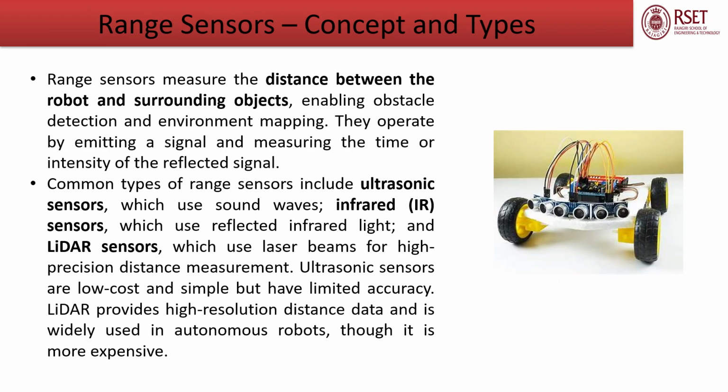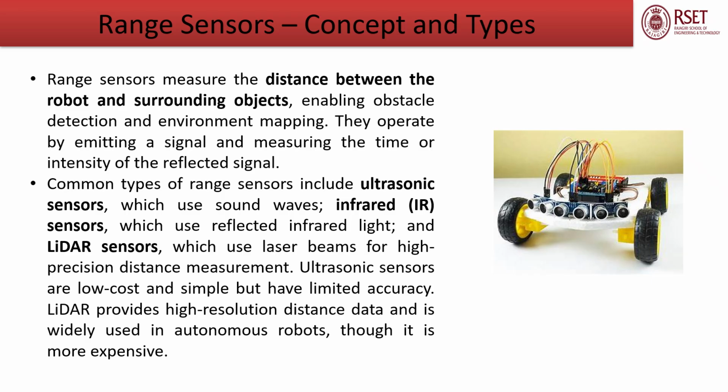Range sensors, concepts and types. Range sensors measure the distance between the robot and the surrounding objects, enabling obstacle detection and environment mapping. They operate by emitting a signal and measuring the time or intensity of the reflected signal.